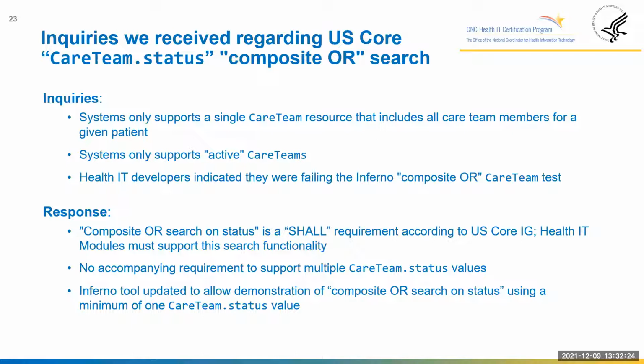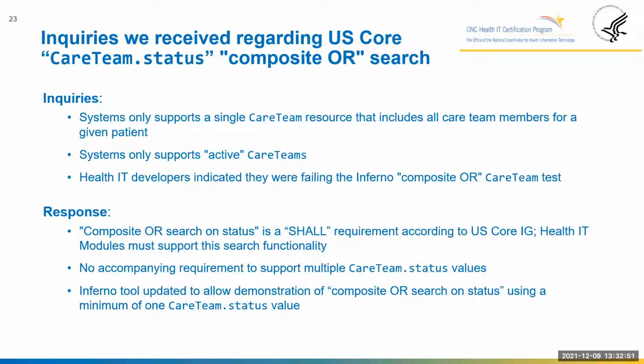And so we provided this response, and we just made a correction to the Inferno tool. This one is not a CCG clarification because this was an instance of the Inferno tool just over testing, not based on the requirements in the implementation guide, but just to confirm that a search worked appropriately.